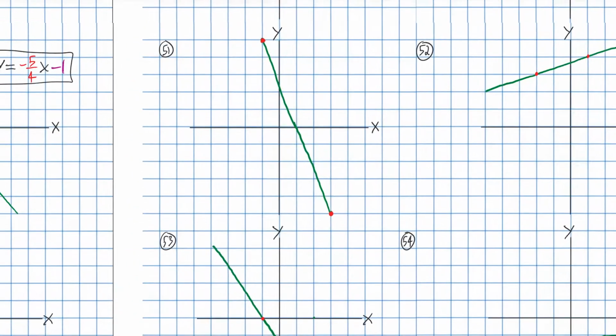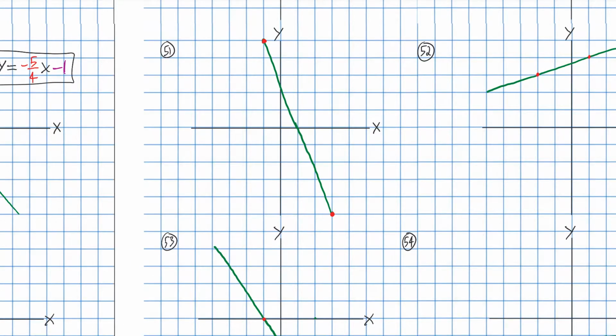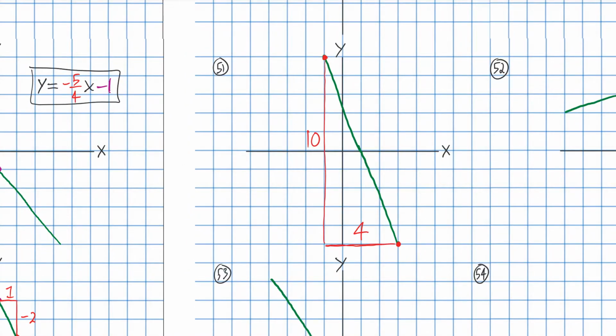All right, we're back. So that's 1, 2, 3, 4, 4 at the bottom, and 1, 2, 3, 4, 5, 6, 7, 8, 9, 10, 10 at the top. And that point is -1, 5.